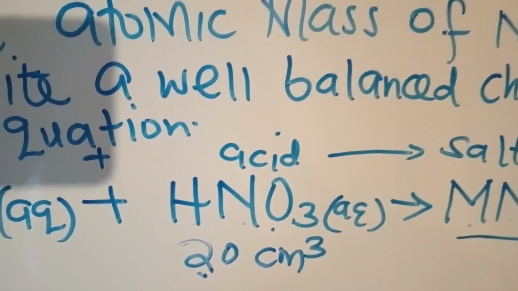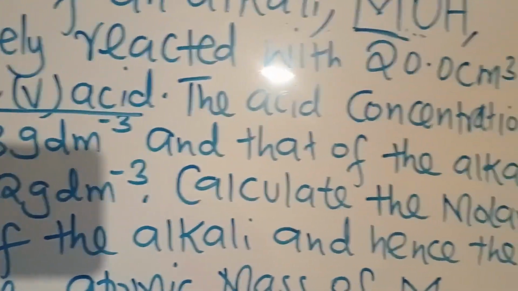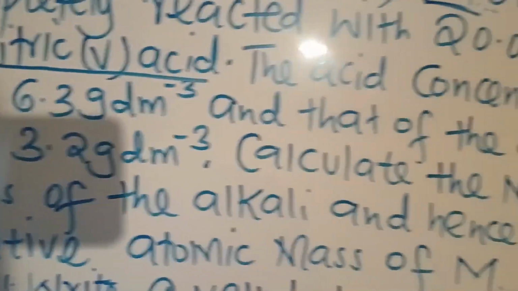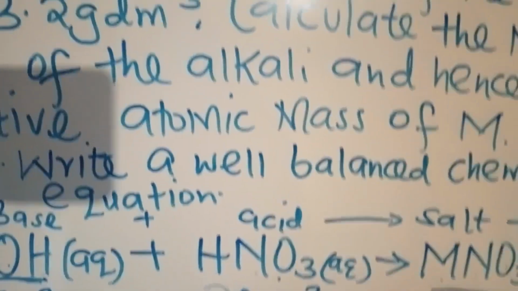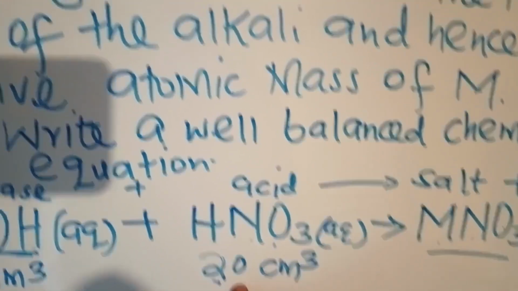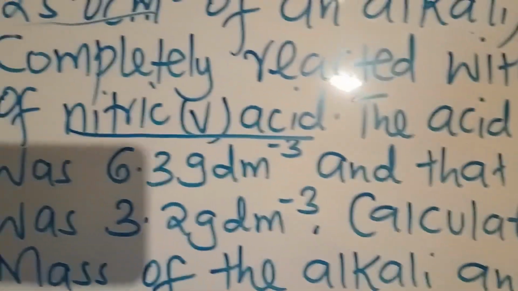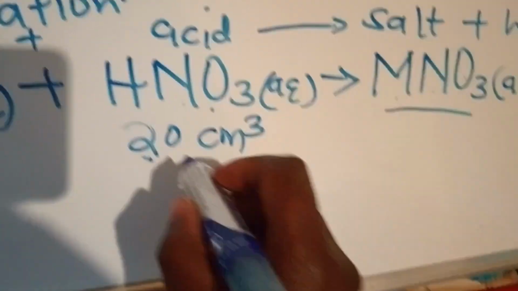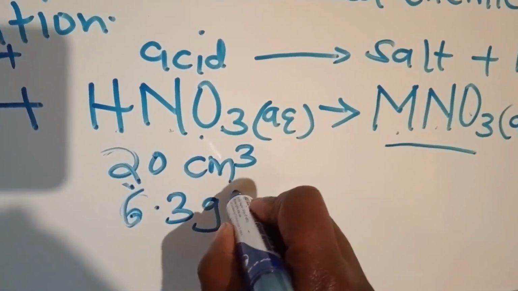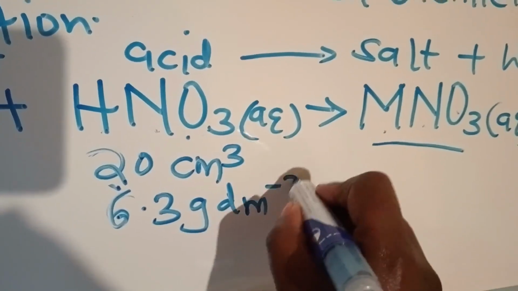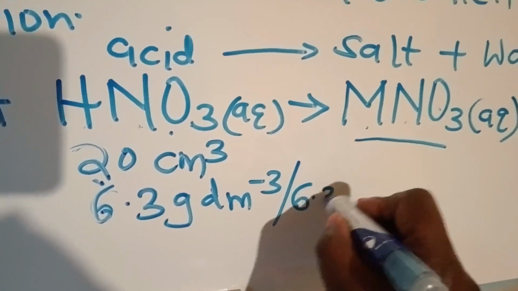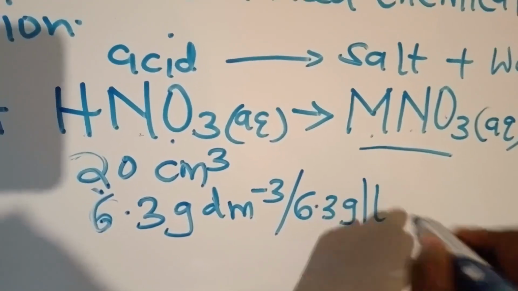I hope we are together. We are continuing with the question. The acid concentration was, which is the acid? Nitric 5 acid. This is the acid. We are told that the acid concentration was 6.3. So we come here and write 6.3 gram per dm cubed, 6.3 gram per liter.